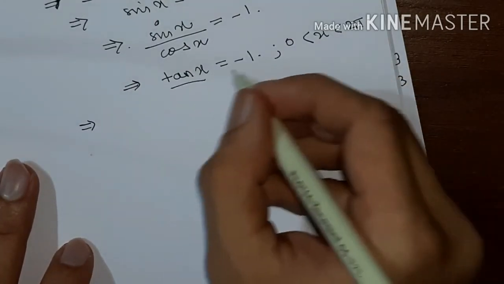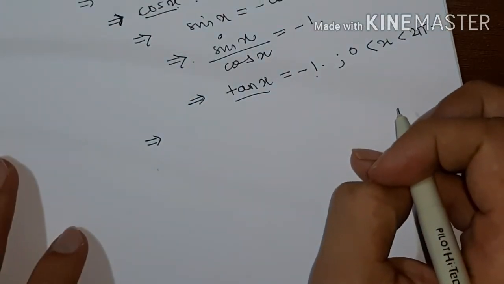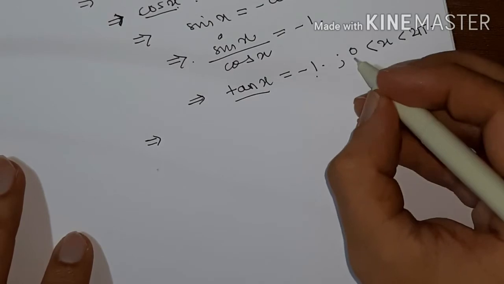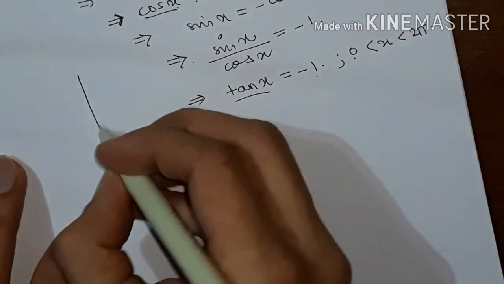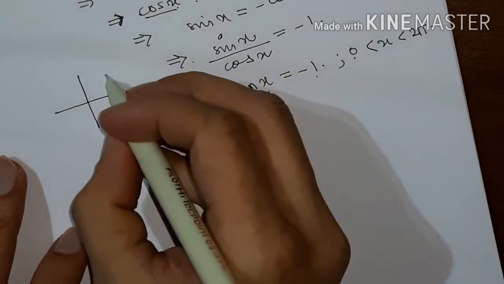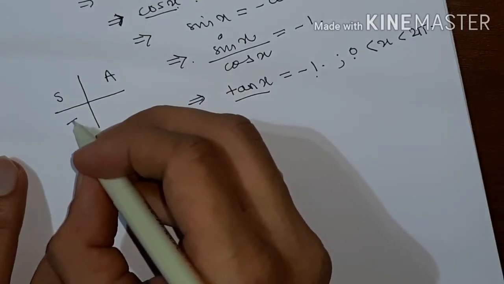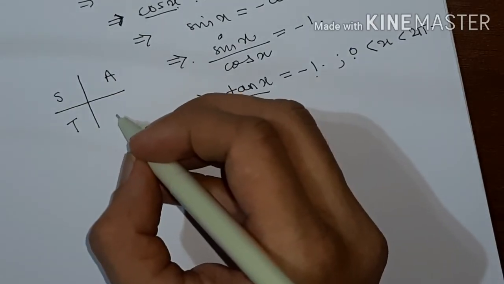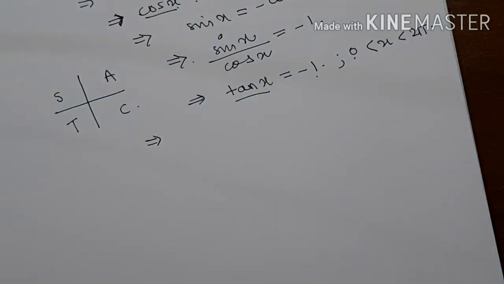You have tan x as negative 1, okay, and x is between 0 and 2 pi. So for this you use the all silver teacup concept, okay. All in the first quadrant, silver in the second quadrant, tea in the third quadrant, and cup in the fourth quadrant, okay.